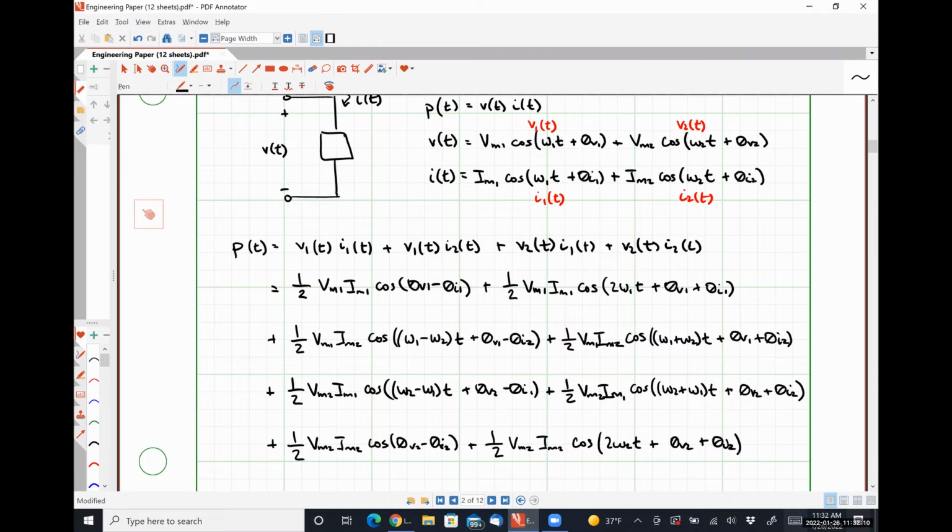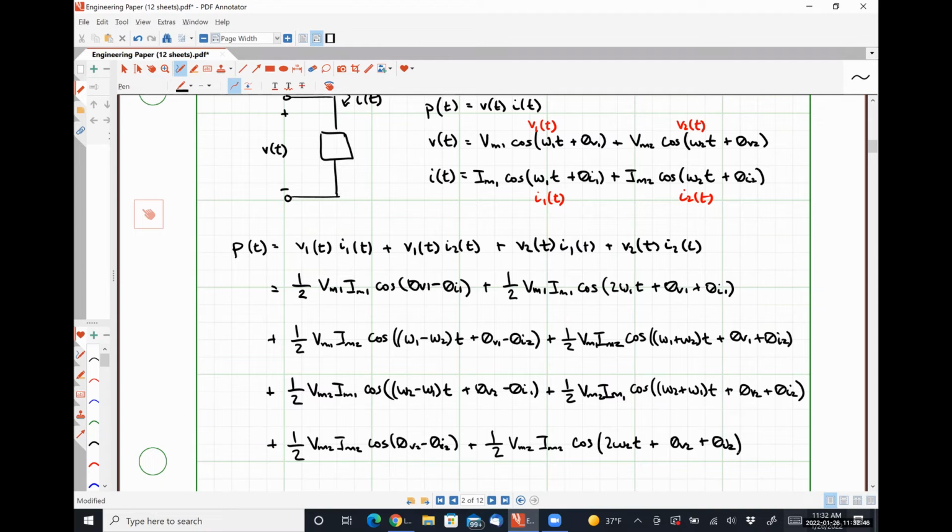These guys here, omega 1 plus omega 2 is obviously the same as omega 2 plus omega 1. So we have one frequency, two frequencies, three frequencies, so twice omega 1, four frequencies, twice omega 2, and then a fifth frequency, which is the DC terms combined. So if we have input signals that are oscillating at exactly two frequencies, our power is a combination of 5 different frequency terms, okay?